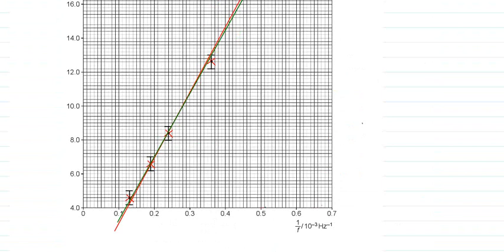So one small division should be 0.2 on the y-axis, and on the x-axis, one small division equals 0.01. So it will be 0.21, 0.2, 0.3. Likewise, after 10 divisions, it will be 0.3. So on the x-axis it is 0.01, and on the y-axis it is 0.2, right?